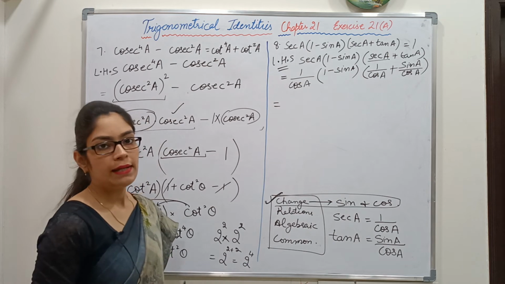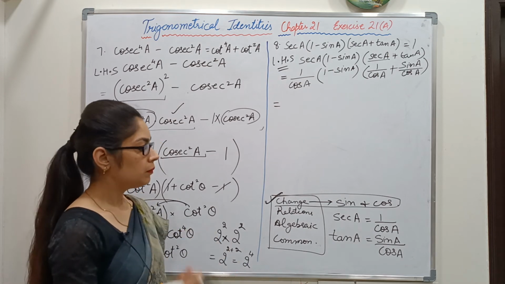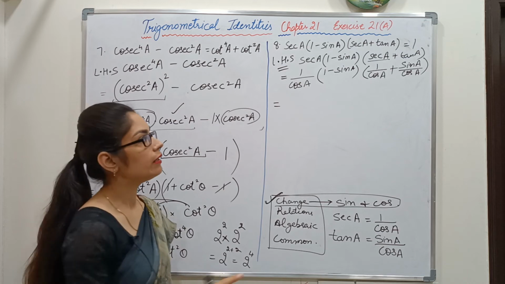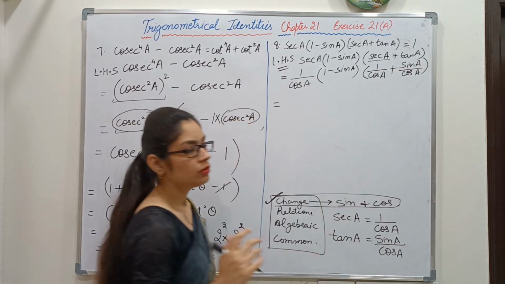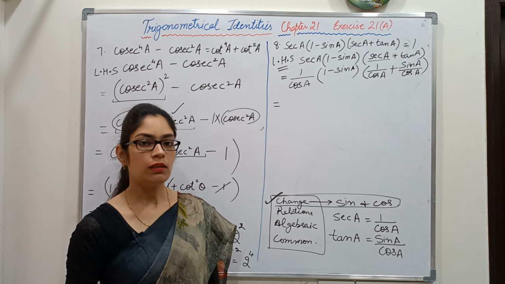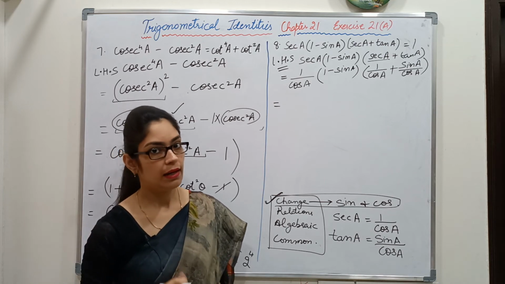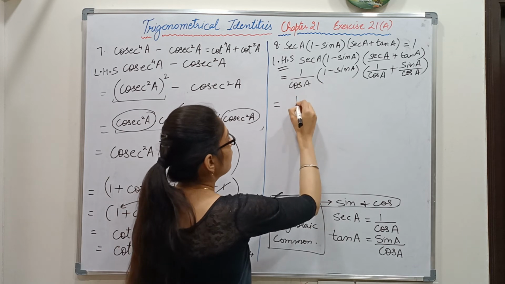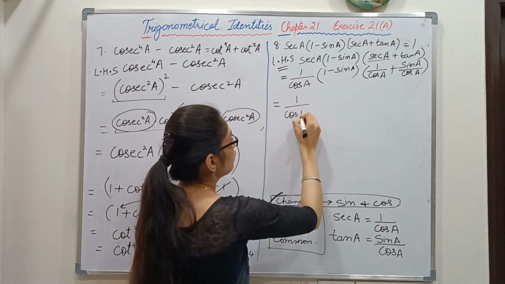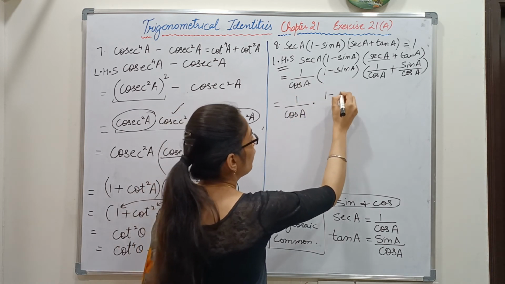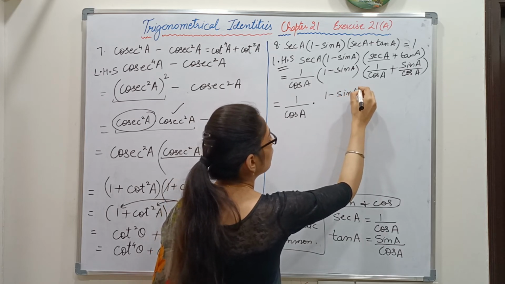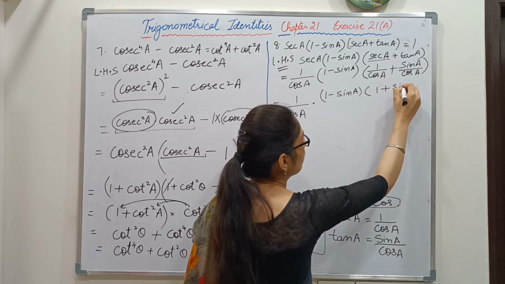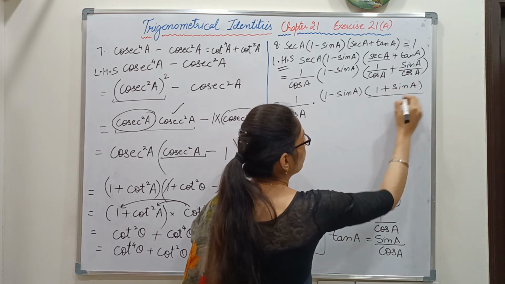Now let's write it in a more simplified form. I am focusing on making the numerator and denominator the same. So I write it as 1 by cos into 1 minus sine A. This I can also write as 1 plus sine A by cos.